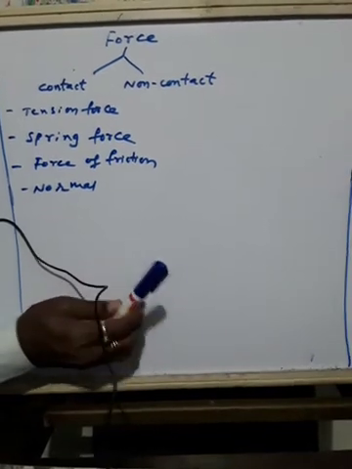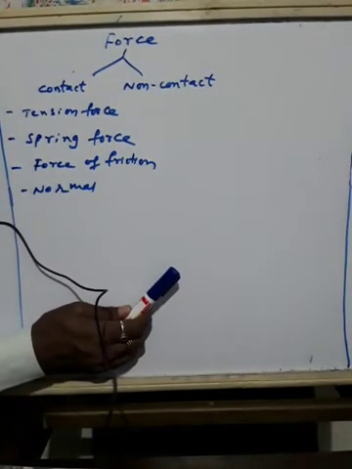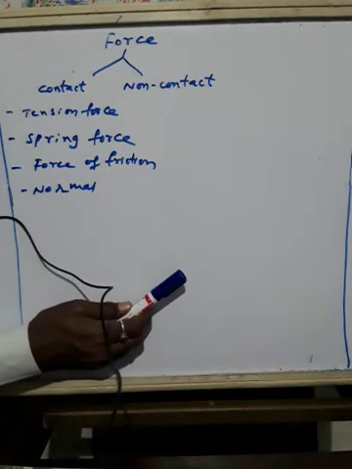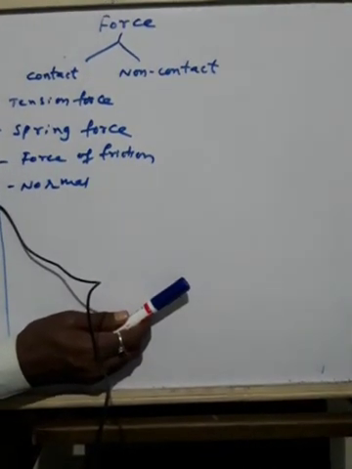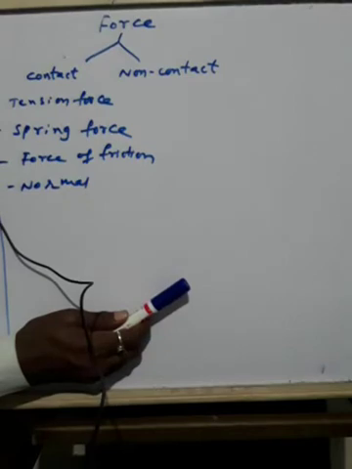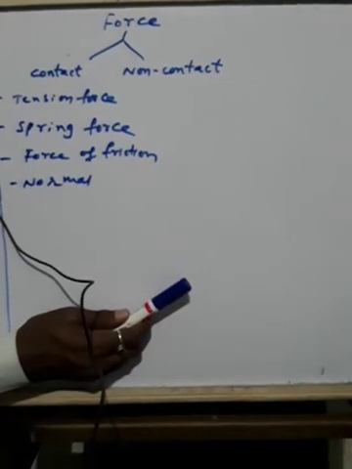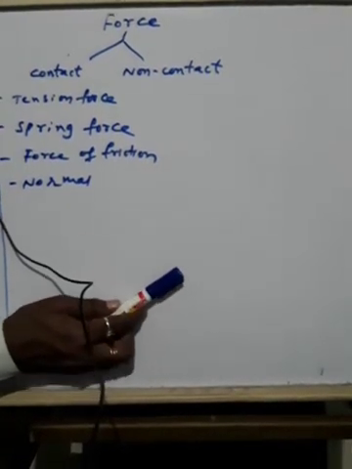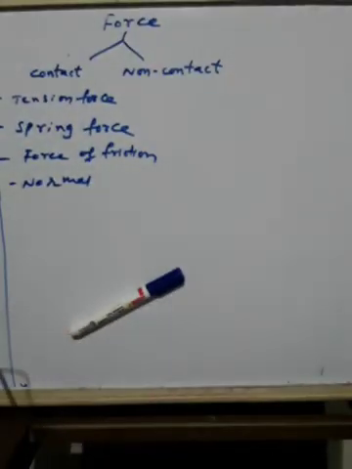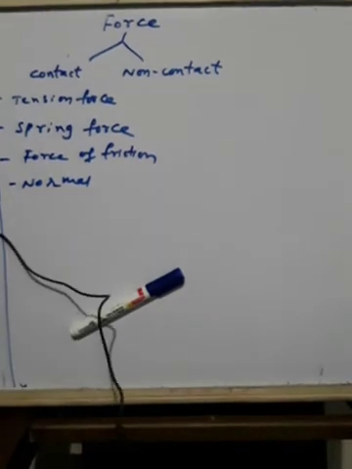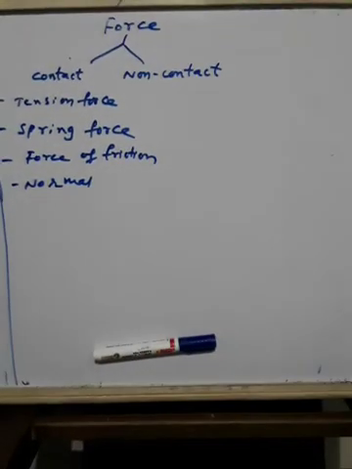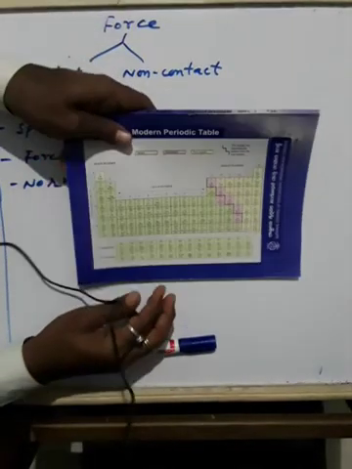Okay. The normal force means what? See, the support force or reaction force exerted upon an object that is in contact with another stable object is called normal force. For example, a book kept on a table exerts a downward force on it due to its weight. Suppose I take a book and keep it on the table.